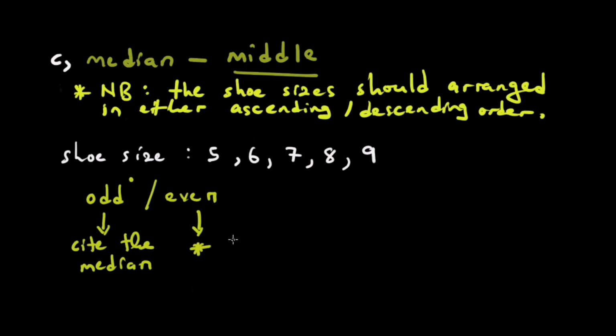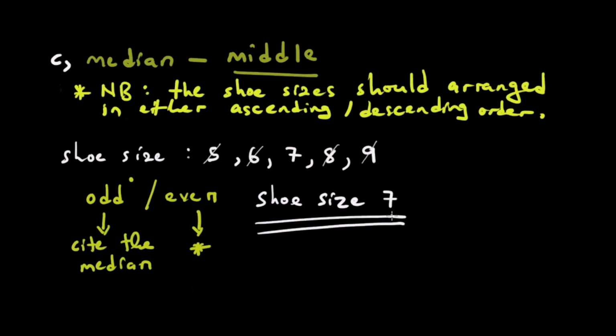How do we deal with the case where we have an even number of elements? I'm going to show you in a moment, but let us first delay that question. So here, if we want to solve it, we want to find the shoe size in the middle. So what we can do is, first we see 7, but how did we arrive at 7? If we cut the first one, then cut the last one, then cut again, we can clearly see here that the median shoe size is shoe size number 7.